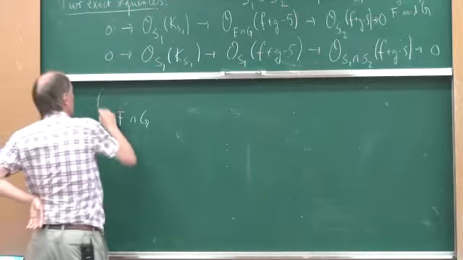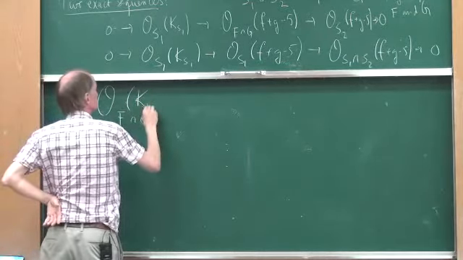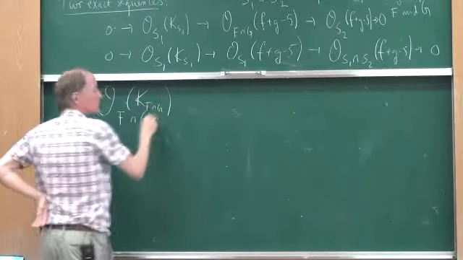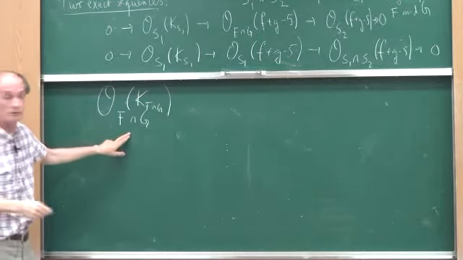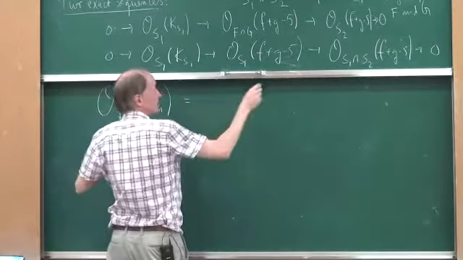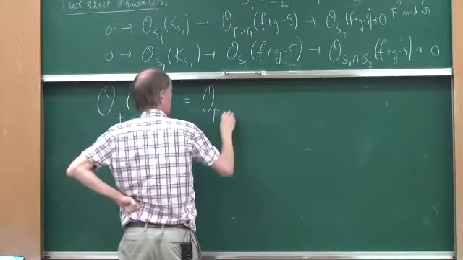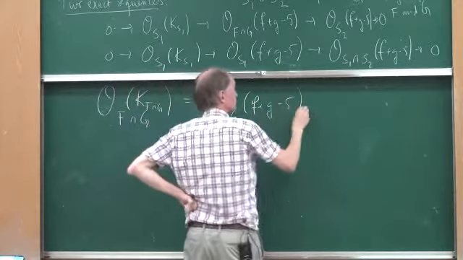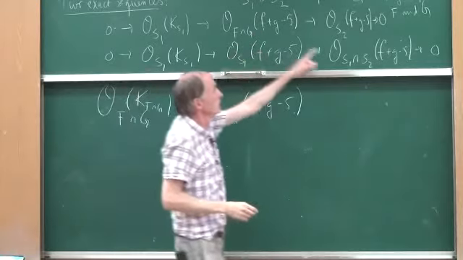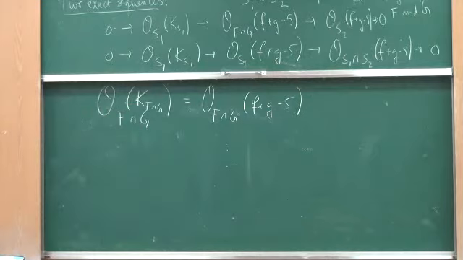Then the canonical divisor on this complete intersection surface is exactly, by the adjunction formula used twice, equal to F plus G minus 5. So what I have here is exactly the canonical divisor on the complete intersection.